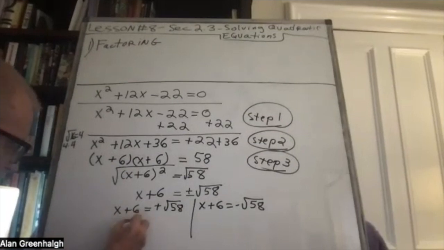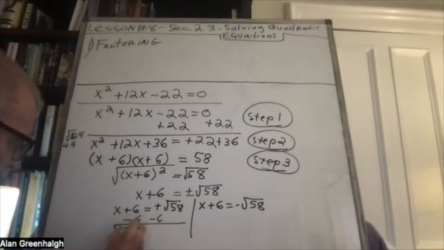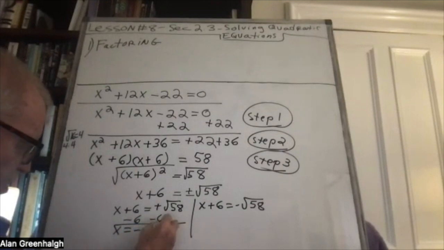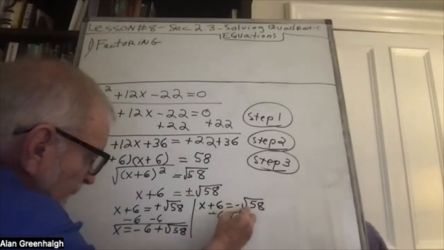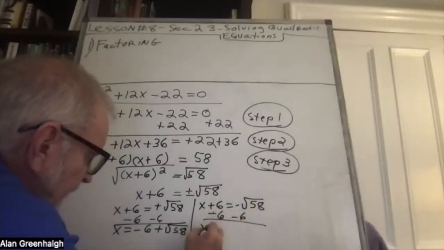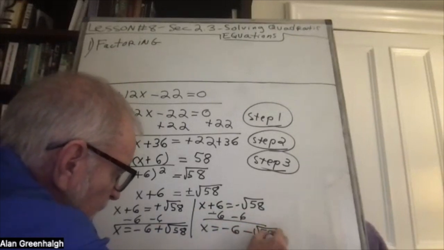And we bring the negative 6 over, and that gives us x equals negative 6 plus the square root of 58 and x equals negative 6 minus the square root of 58.